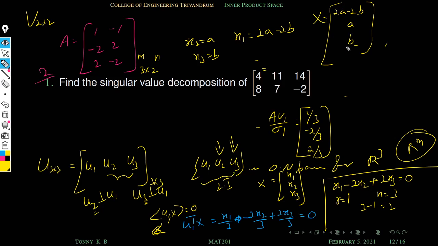How to construct two linearly independent vectors from this collection? It's a very easy technique.